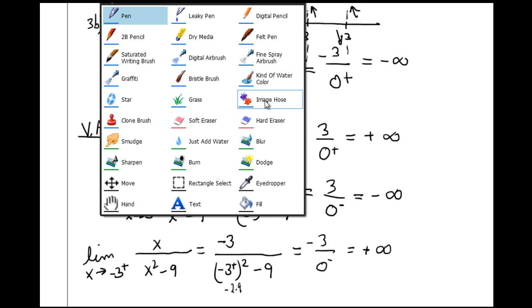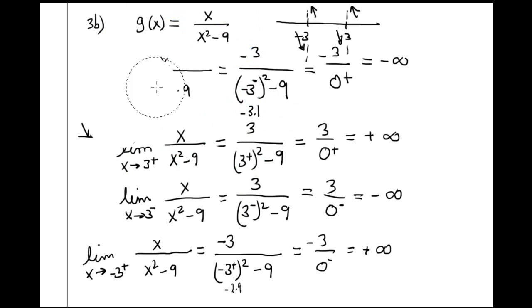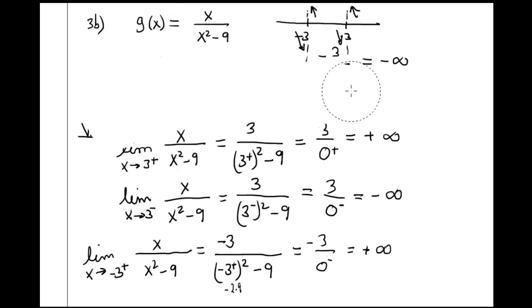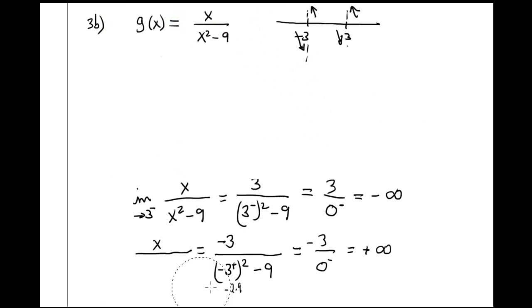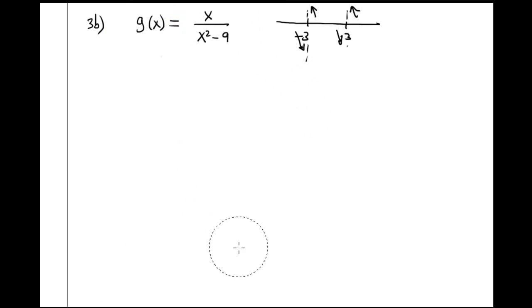Okay, let me investigate now the horizontal asymptote. The horizontal asymptote is the limit when x approaches infinity, positive or negative.